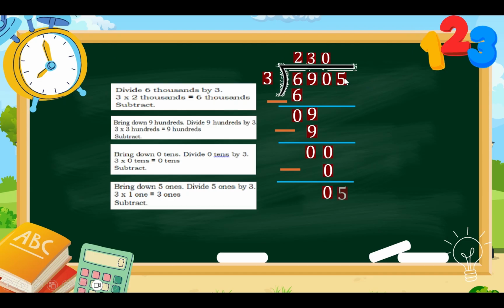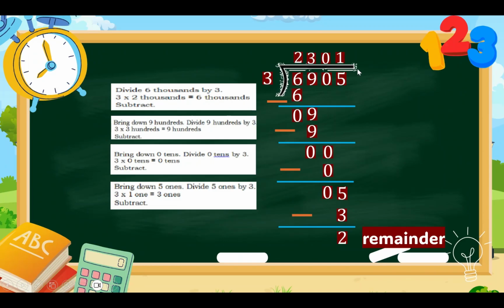So bring down 5. 5 divided by 3 equals 1. 1 times 3 equals 3. Now let's subtract, 5 minus 3 equals 2. We don't have any number left, so we cannot bring down another number. So 2 is our remainder.